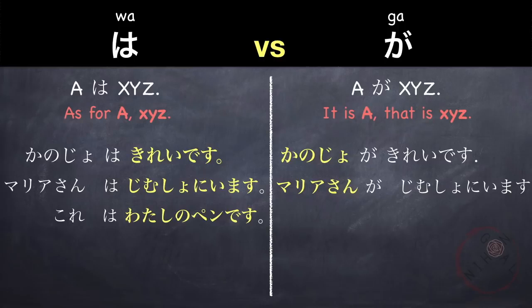Another example, これは私のペンです. The speaker is showing that, oh, this is my pen. Maybe the speaker is holding the pen and he or she is explaining that that's his or hers. 私のペンです. So the focus is on the information that it is their pen.